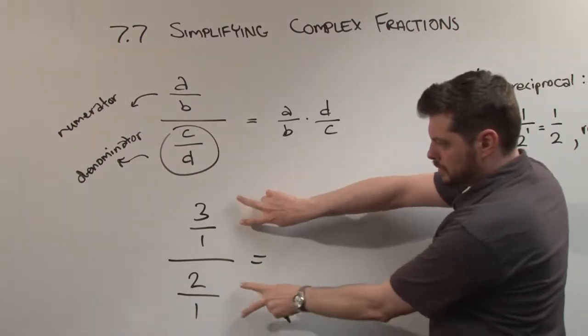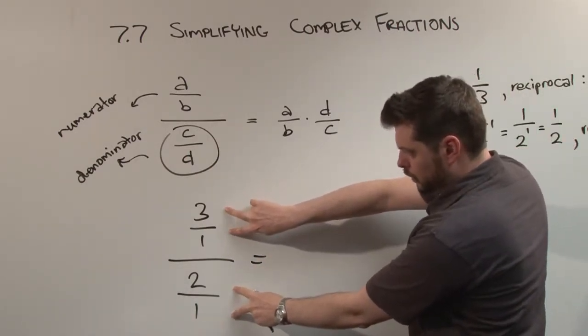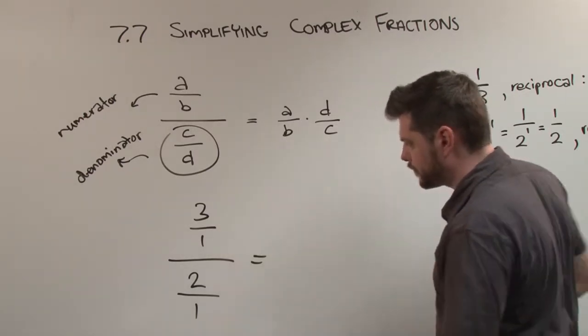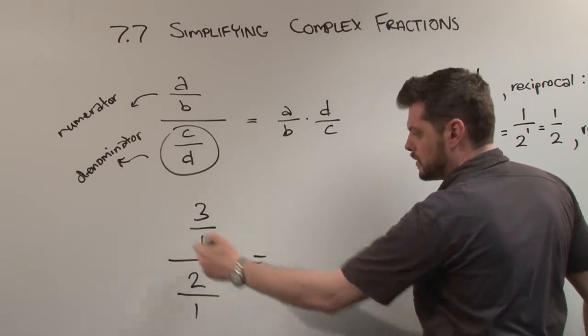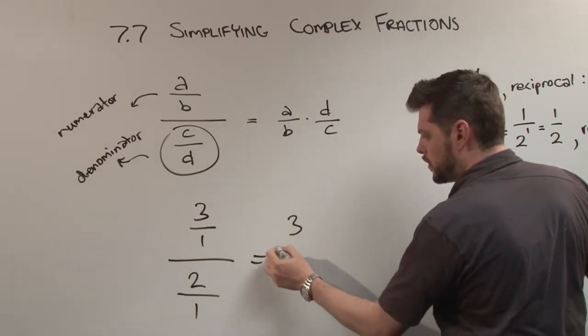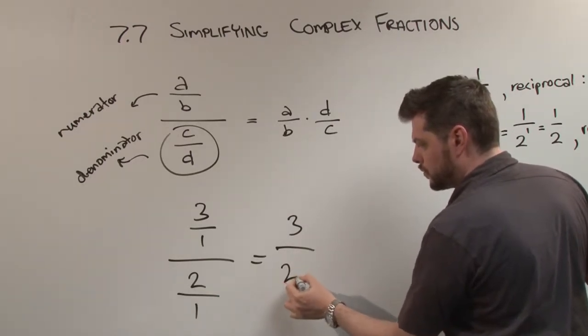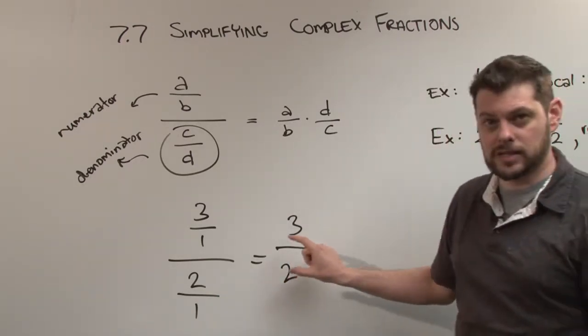Well, I've picked these rational expressions that can be simplified into whole numbers for a reason. So I know that I can rewrite this as 3. Right? 3/1 is 3. And I know that I can rewrite this as 2/1, which is just 2. And this is as simple as it gets.